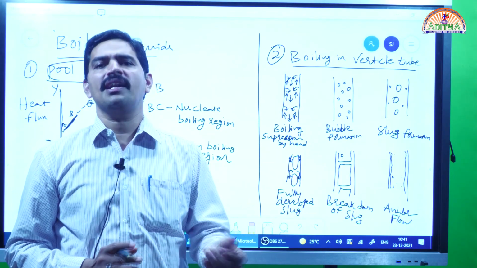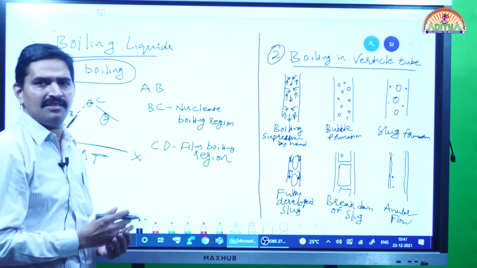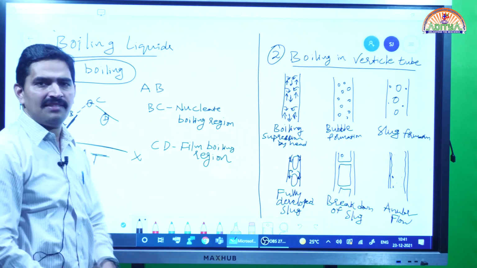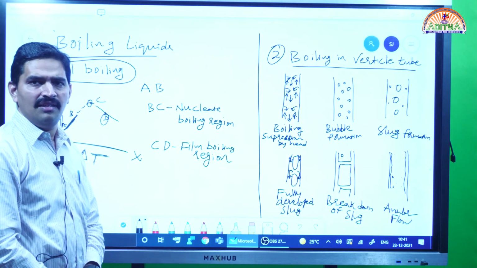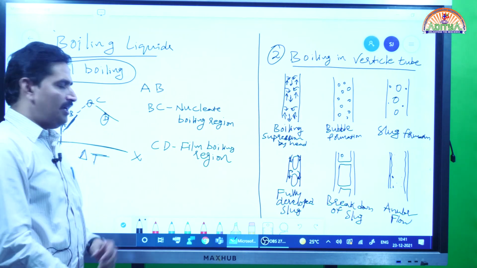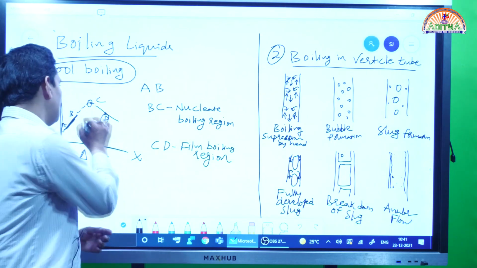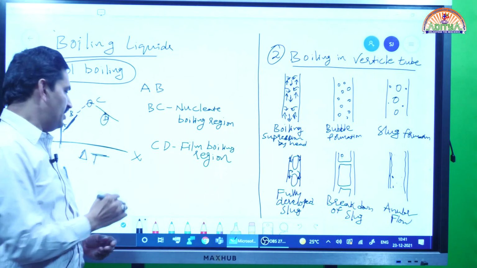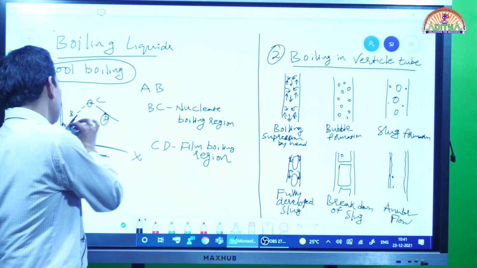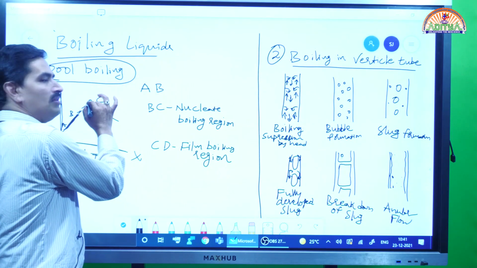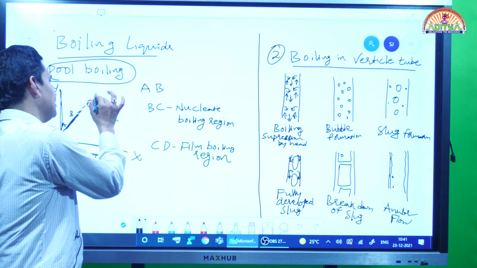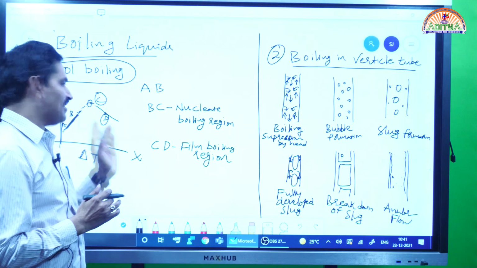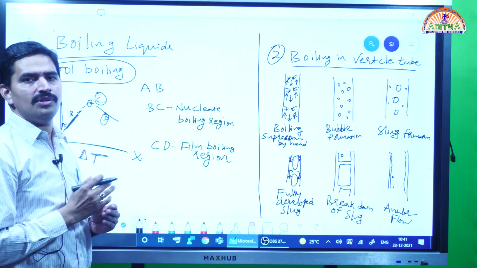That's why further the heat flow is going to decrease. So from A to B, the rate of heat flux is going to increase a little, further it is going to increase enormously, later on it is going to decrease. Initially the temperature difference is more, that's why the rate of heat transfer is more. After reaching a critical point, the heat flux is going to be reduced due to the reduced delta T.